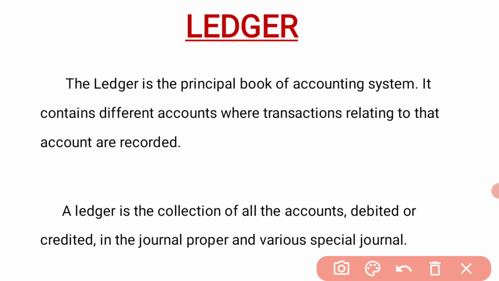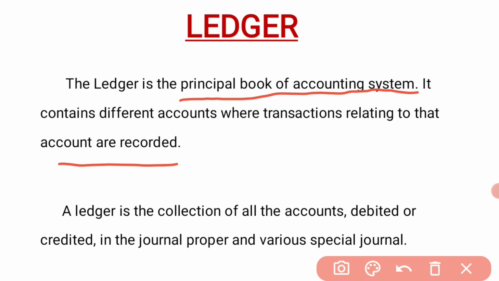The ledger is the principal book of accounting system. It contains different accounts where transactions relating to that account are recorded. It means whatever transactions you record in the journal, from the journal you are going to prepare an individual account called ledger.